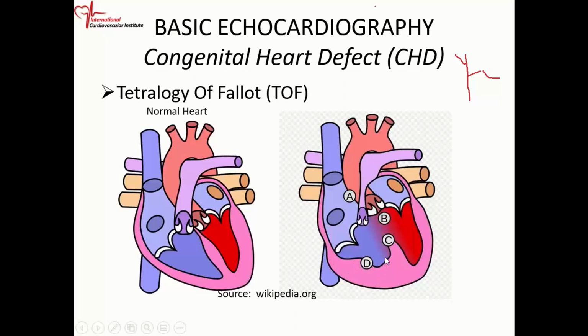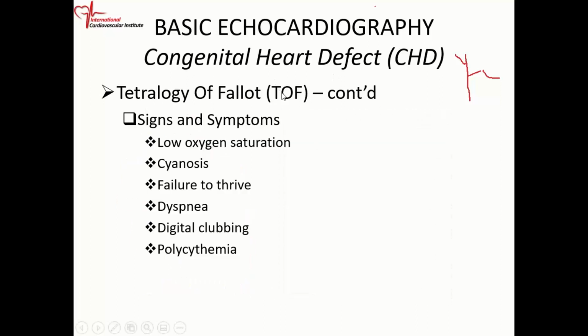You have a ventricular septal defect. It's your normal ventricular septum. There's a ventricular septal defect, and the aorta overrides it, and that's why we call it the overriding aorta. Okay, so pulmonary infundibular stenosis, 1, right ventricular hypertrophy, 2, a VSD, 3, overriding aorta, 4. So these are the 4 conditions that make tetralogy of Fallot.